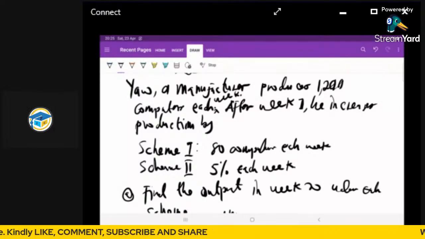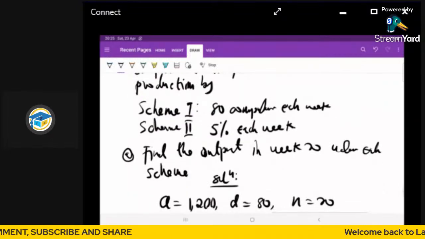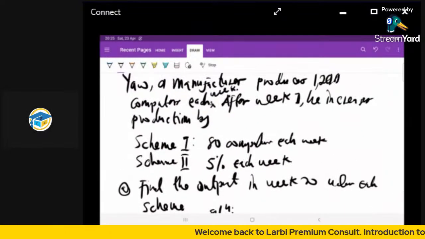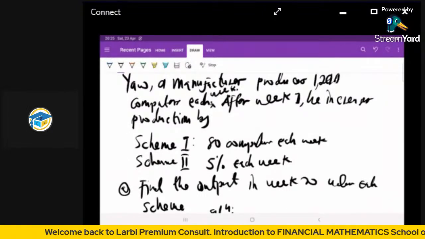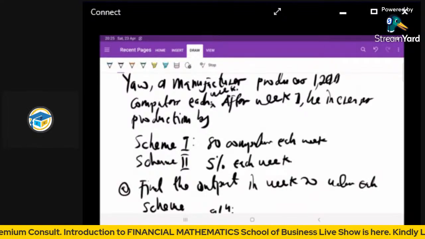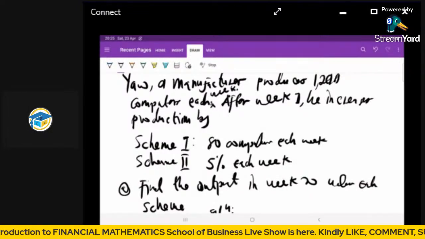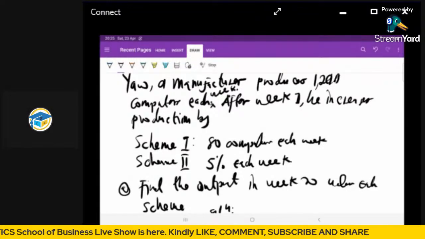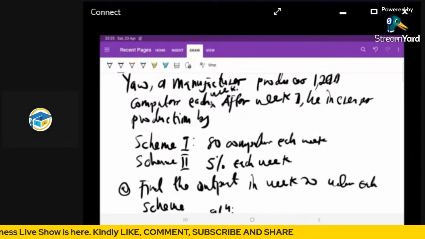So with the second scheme, as I was saying, remember when it comes to percentages, geometric progression is the best mathematical model that can help us deal with percentages. So the 5% that we have each week, we're going to apply geometric progression to.